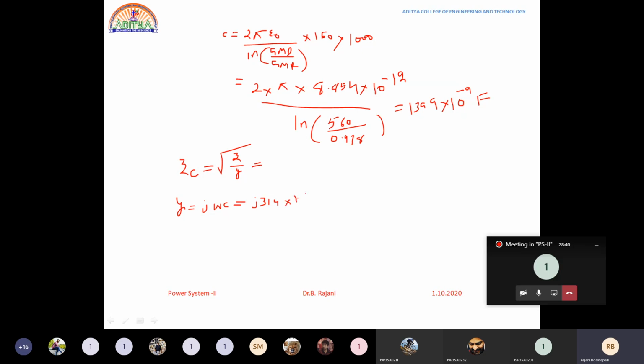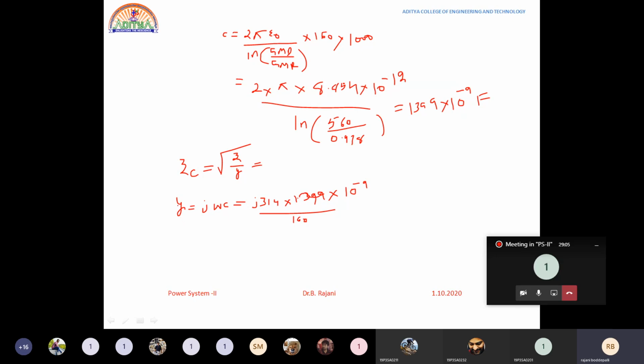I can write this as 1399 into 10 to the power of minus 9 by 160. For 160 kilometer length of the line, I am finding the admittance.